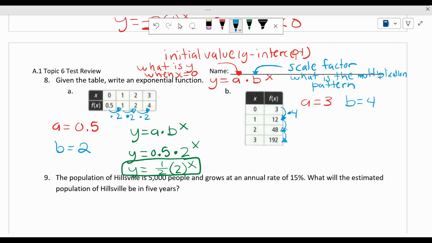Now that I have A and B, I know that my equation needs to look like this. I just have to take A and B out and put the numbers in, so I'm going to do that. A goes away, 3 goes in, B goes away, 4 goes in, and I'm also going to write it out with parentheses.